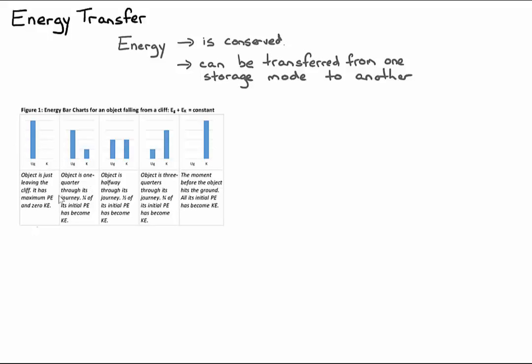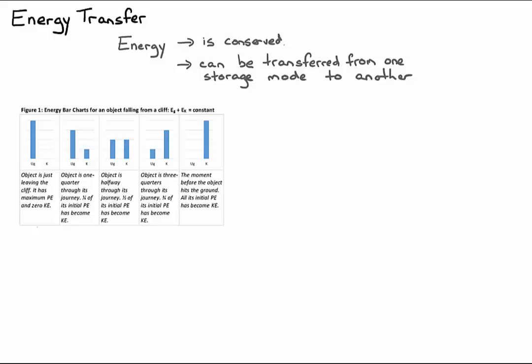If we go to 1/4 of the way through its journey, its height has decreased. It's 1/4 less of what it was at the beginning. So its potential energy has decreased by 1/4 and the kinetic energy has increased by the same amount. Halfway through the journey, you've got equal potential and kinetic energy, and continuing on until we get to the moment just before it hits the ground, when all of its initial potential energy has become kinetic energy.